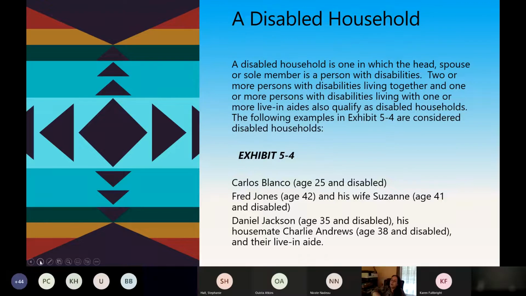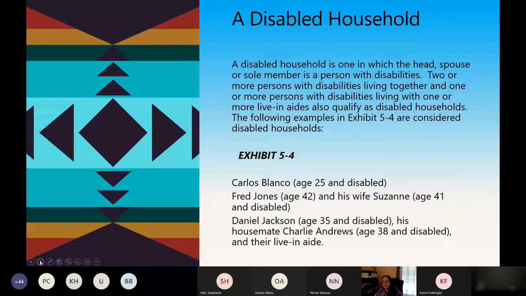A disabled household is one in which the head, spouse, co-head, or sole member is a person with disabilities. 2 or more persons with disabilities living together, and 1 or more persons with disabilities living with 1 or more live-in aides, also qualify as a disabled household.